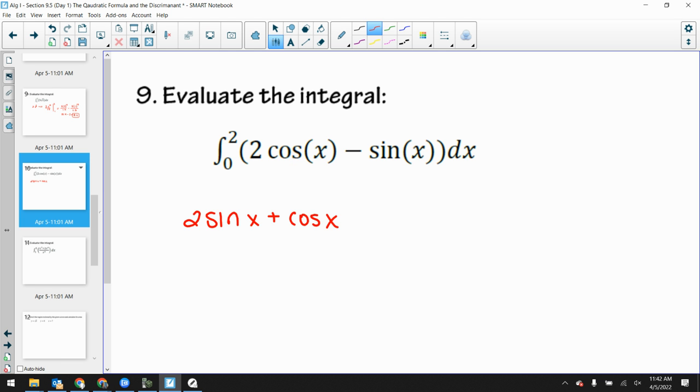And then we want to go from 0 to 2. Okay, so this is 2 sine 2 plus cosine 2 minus the whole chunk of 2 sine 0 plus cosine 0.